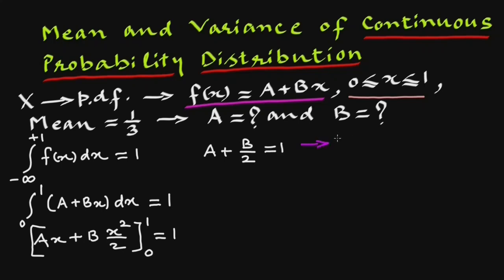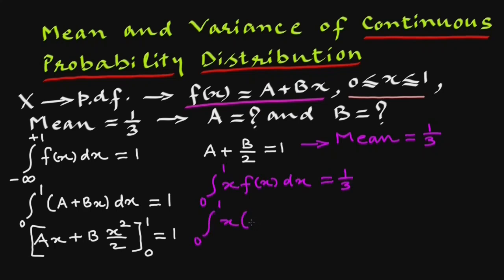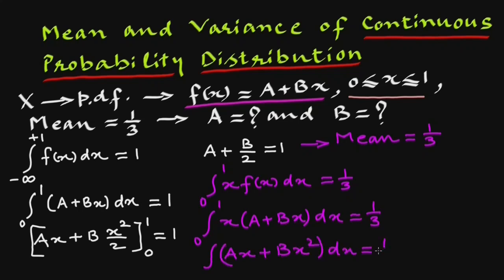Now the mean is given to be 1 upon 3, and the mean for a continuous random variable is the integral from 0 to 1 of x into f(x) dx equals 1 upon 3, which will be x into (a plus bx) dx equals 1 upon 3. The integral of (ax plus bx square) dx equals 1 upon 3 from 0 to 1.